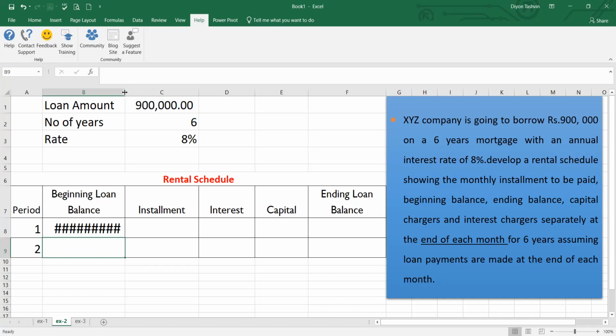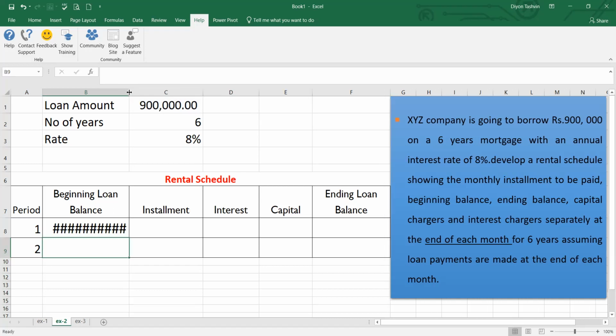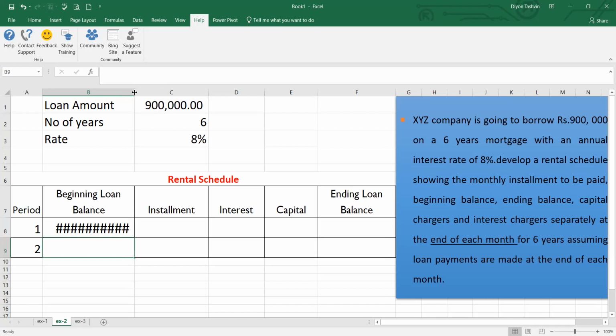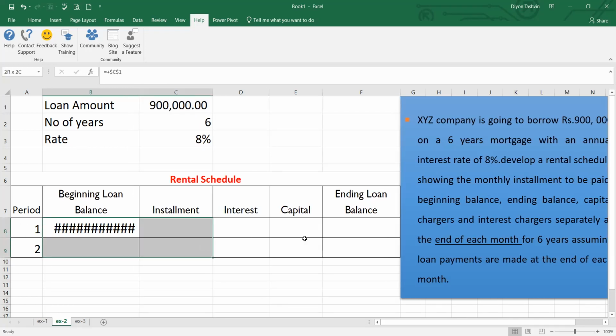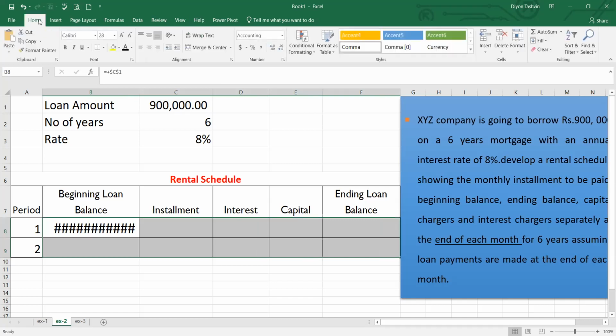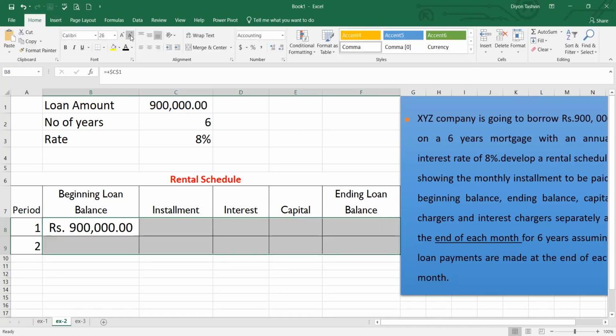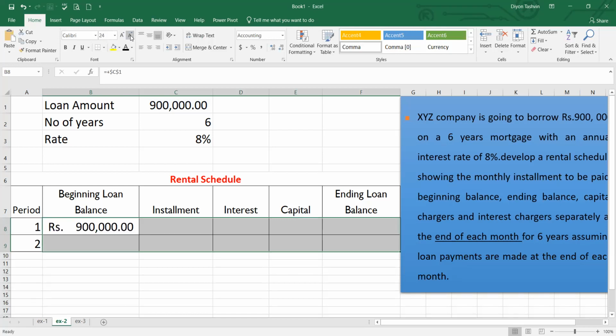Then I'm going to start the installment. I'm going to reduce the font size so you can see it easily. Then installment. Installment we can calculate by using the PMT or the payment function.